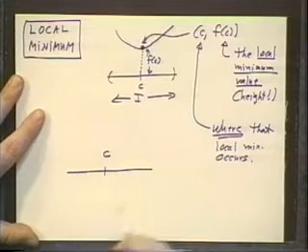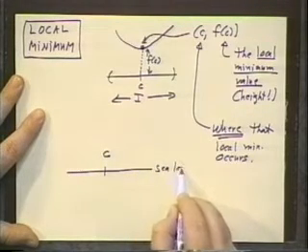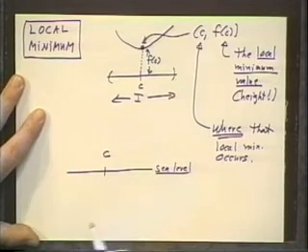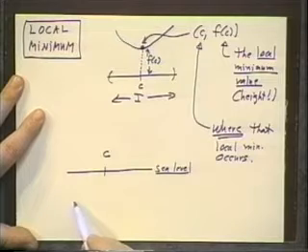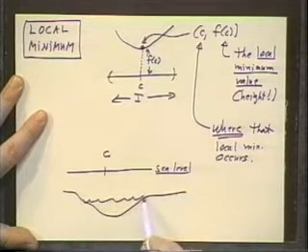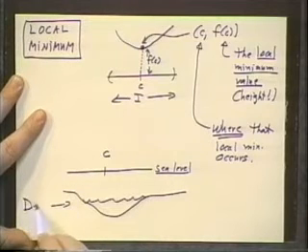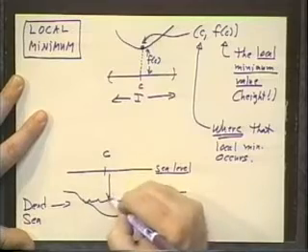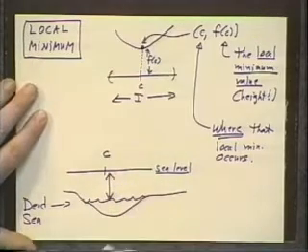Say that is sea level. Right? Sea level. And down here below, there is a body of water. And this is the Dead Sea. Now, if you know anything about the Dead Sea, it is a sea that is below sea level.